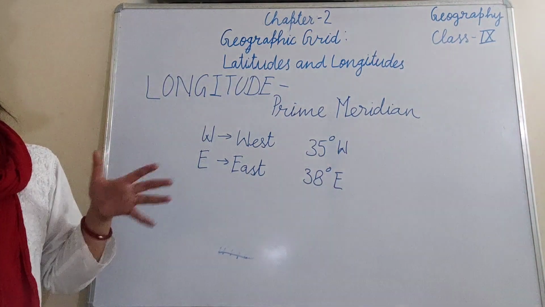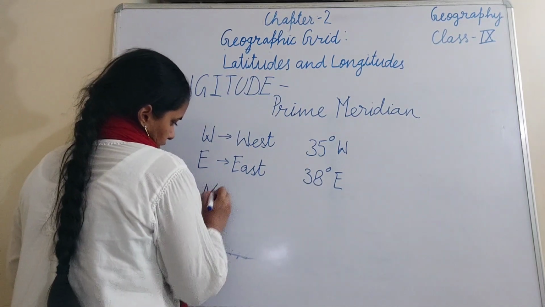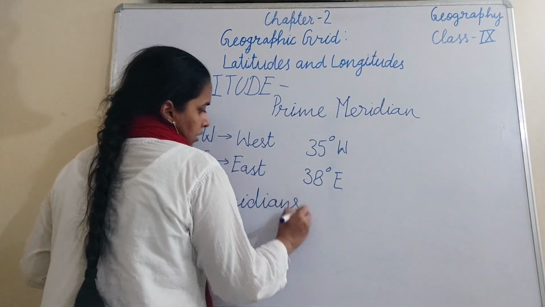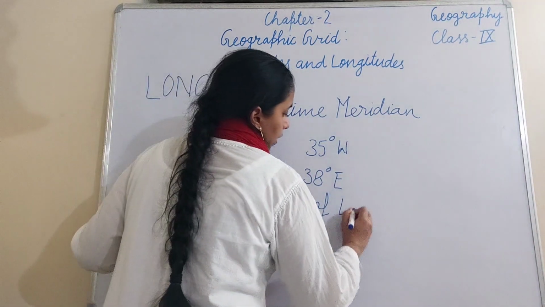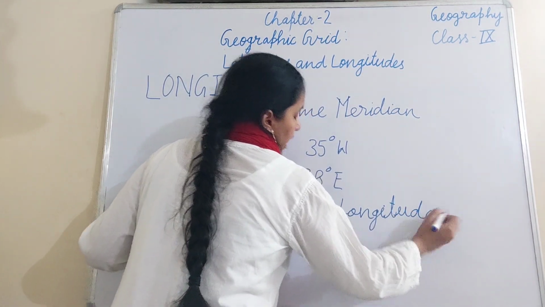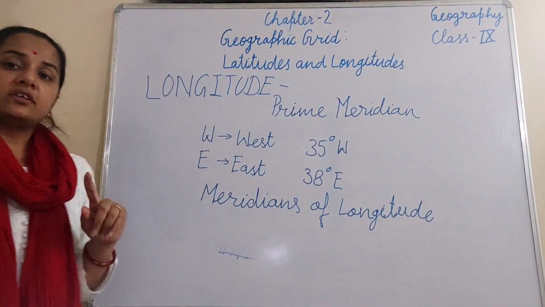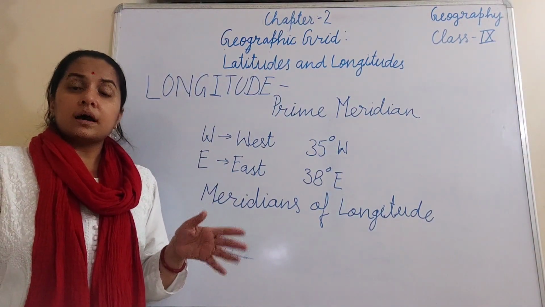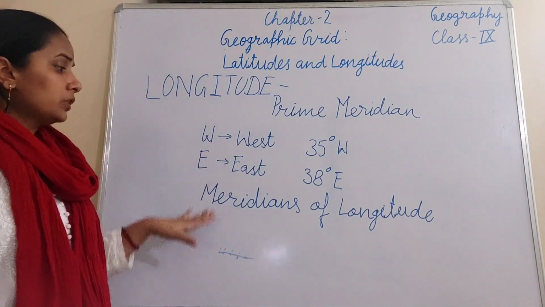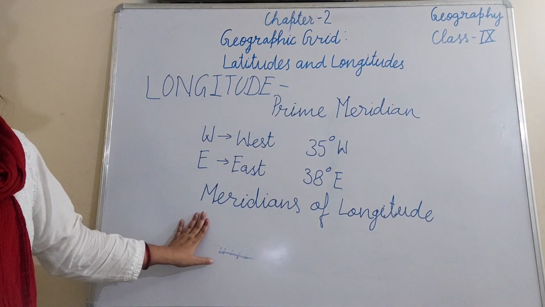And these lines of longitude are also called meridians of longitude. As we discussed in case of latitudes, the lines of latitudes are also known as the parallels of latitude. In the same way, the lines of longitude are also known as the meridians of longitude.